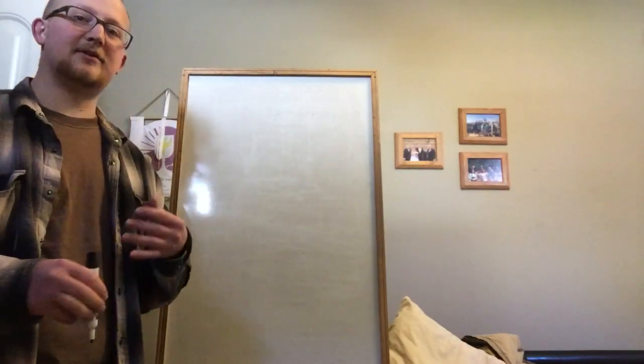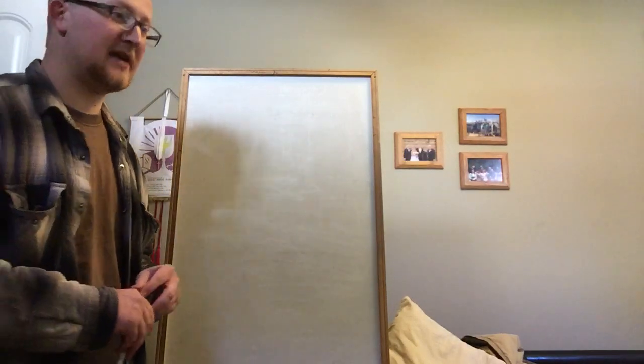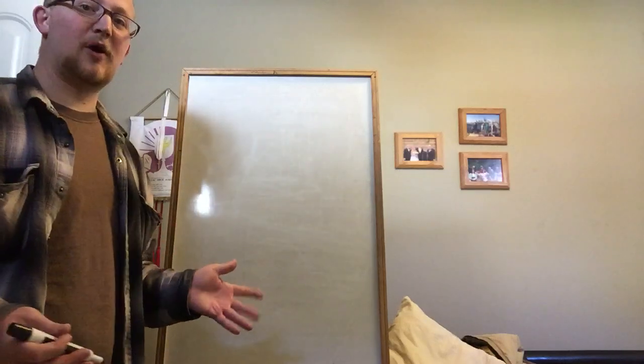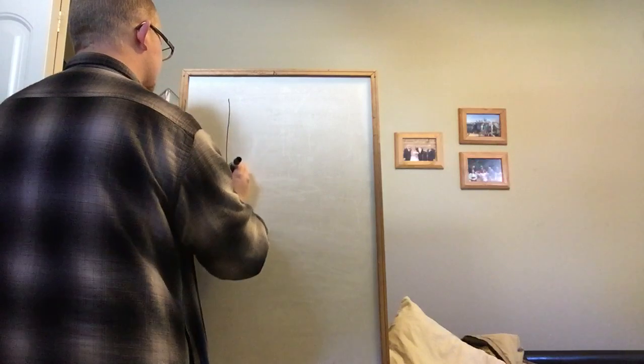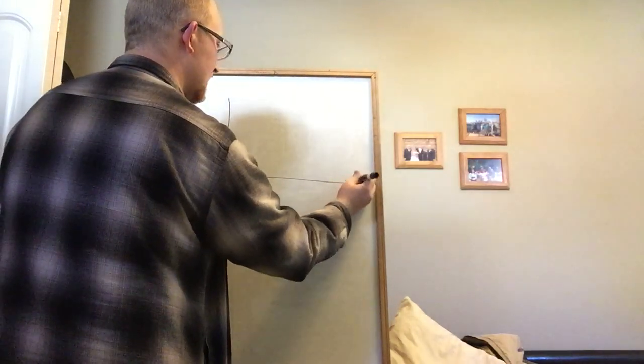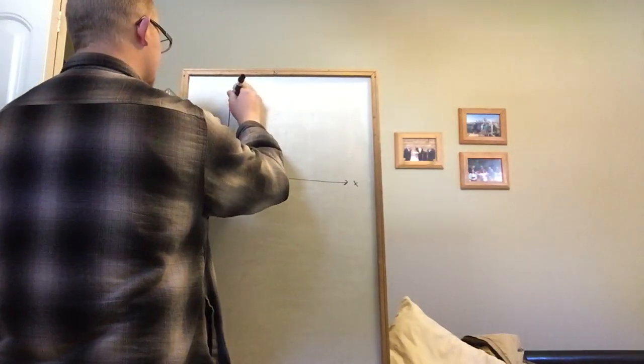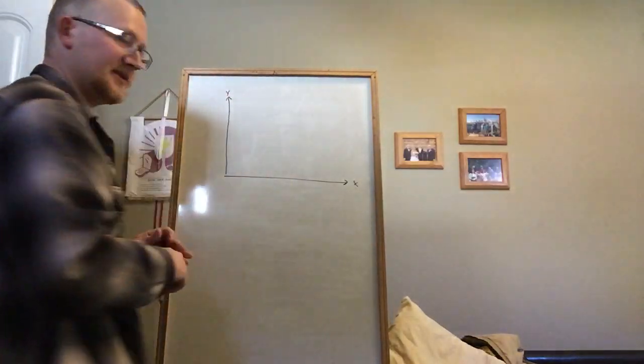So, focusing on the dot product, we need two vectors to do a dot product. For simplicity's sake, I'm going to flatten this into two-dimensional space. This works in three dimensions as well, but to make things a little simpler to see, I'm going to say this is the x direction and this is the y direction.